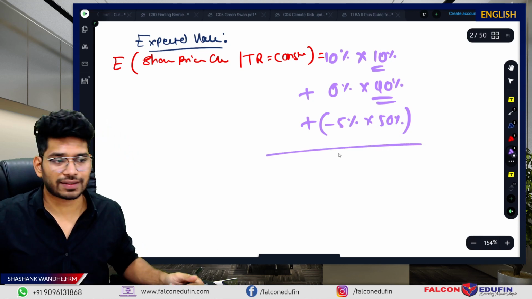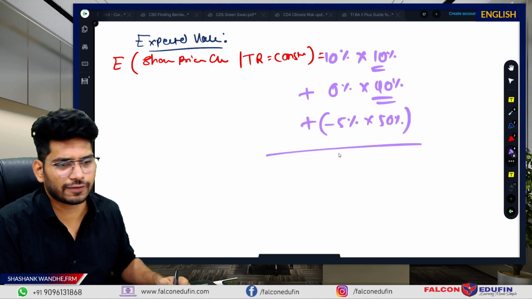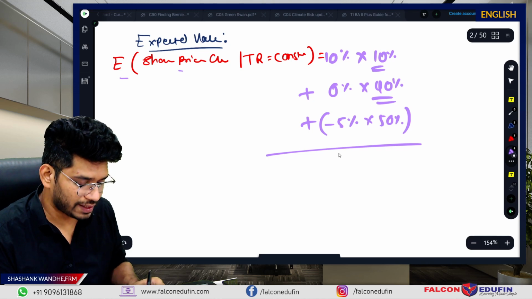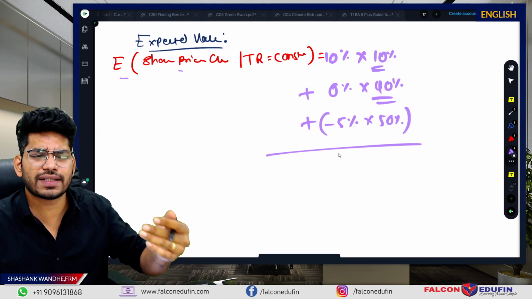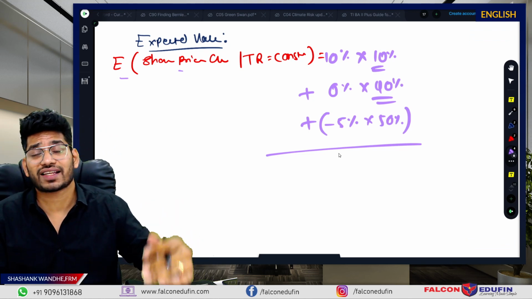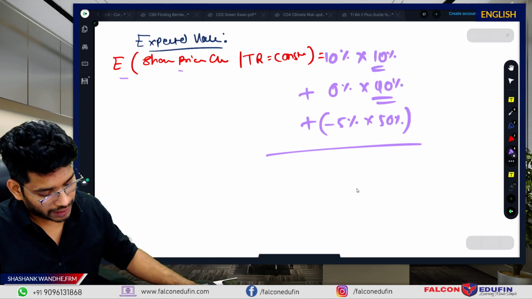Simple. Just do the maths. Solve this and you will get the answer. Very simple. So that is the expected share price change given the tax rate is constant. You can do this similarly for when the tax rate is reduced, when it is increased, and so on. No problem with that. Right.